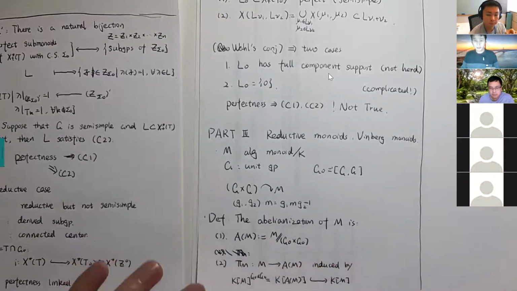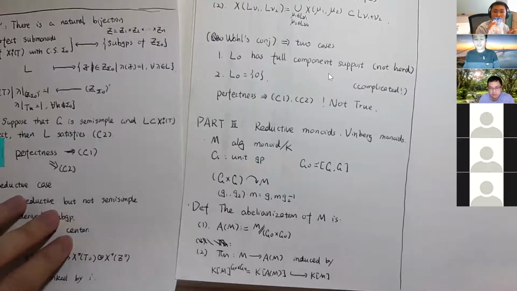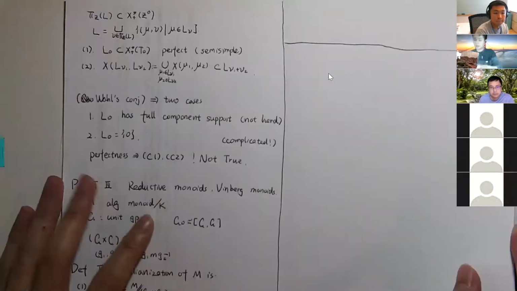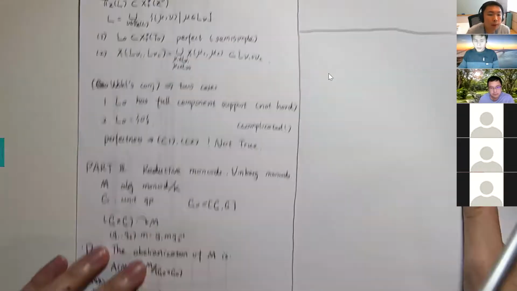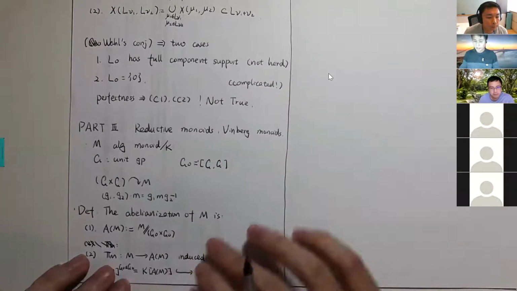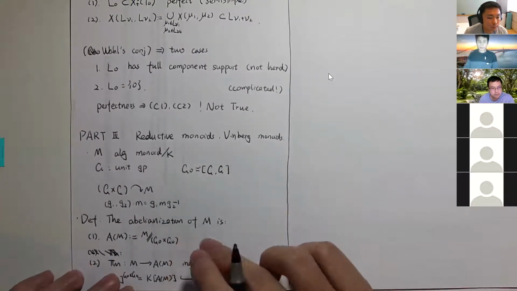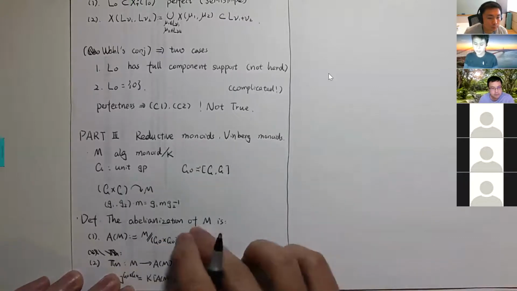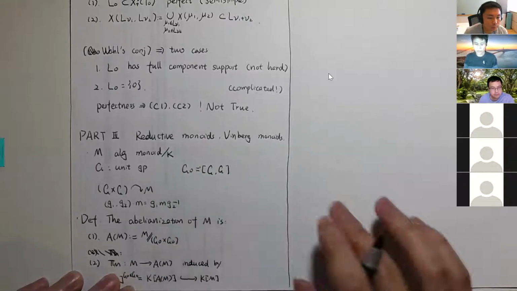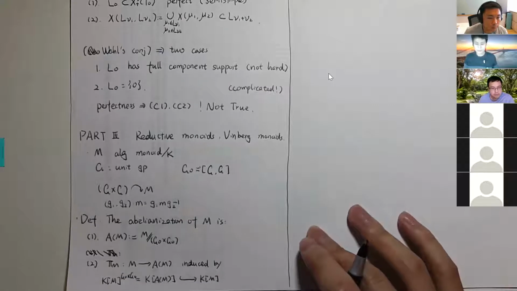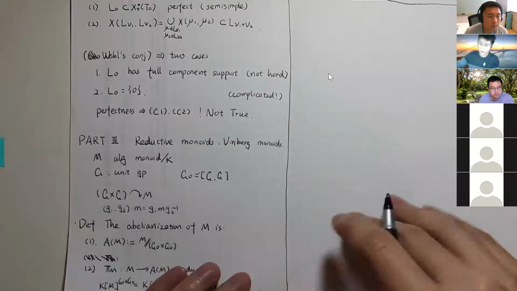That's a basic property of GIT quotient. So this is the abelianization of this reductive monoid M. Actually, for this definition, we don't require it to be normal, but we just assume it to be normal for this whole thing.